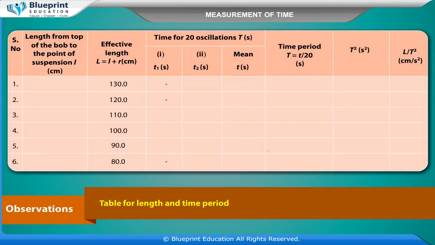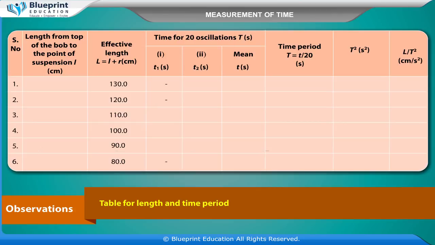Table for length and time period. Length from top of the bob to the point of suspension, l, in centimeters. Effective length L equals l plus R centimeters. Serial numbers 1 to 6 with lengths 130, 120, 110, 100, 90, 80.